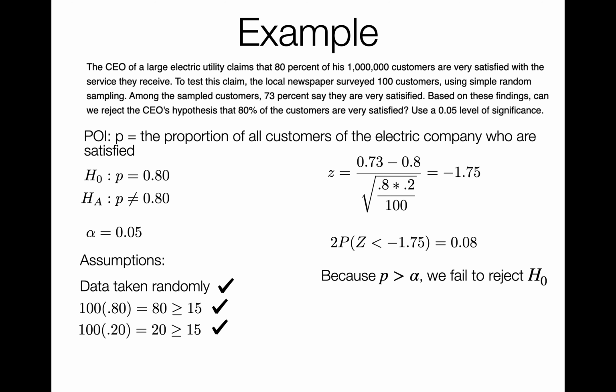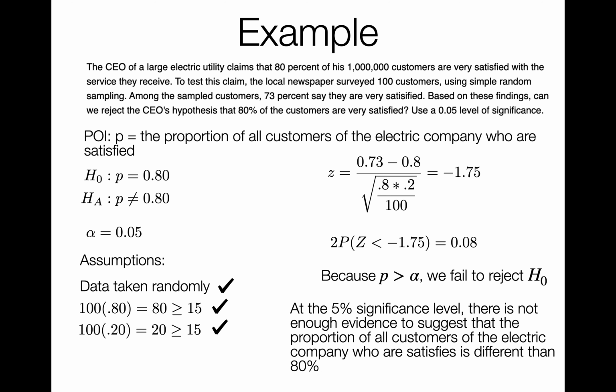And so what that means, this is the conclusion: at the 5% significance level, there's not enough evidence to suggest that the proportion of all customers of the electric company who are satisfied is different than 80%. That is a full hypothesis test.